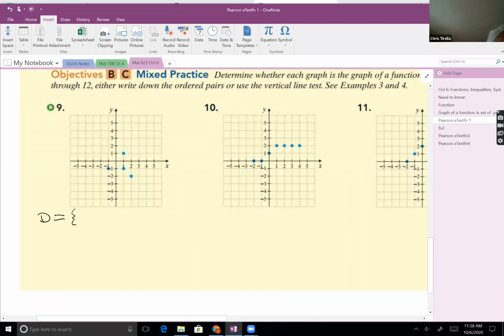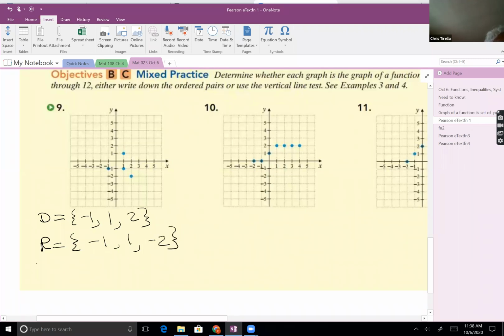This point has an x value of 1, and this point has an x value of 2. The range, if I look at the y values, this point has a y value of -1. That one has a y value of 1. And that point has a y value of -2.